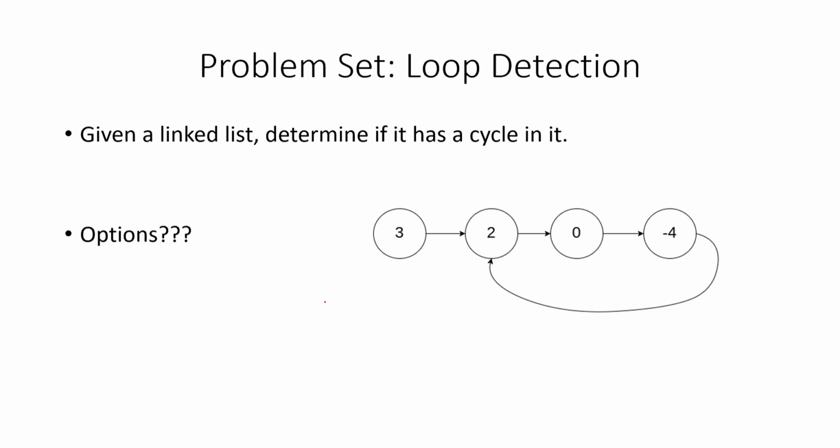Next problem is loop detection. So we have a linked list. We need to determine if it has a cycle in it or not. So what do we do here? We start with the 3.